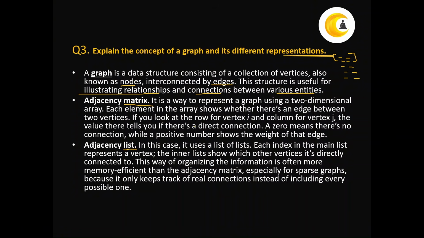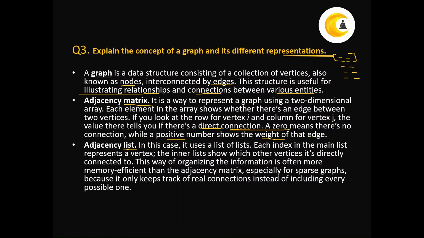Okay, so if you look at the row for vertex i and the column j, the value there tells you if it is a direct connection or not. Okay, that means if it is a 0, there is no connection, while any positive number shows a connection. Why? Because one node can have multiple connections with other nodes, right? In a graph, you don't just have two connections, you have more than two, right? So it shows you the weight of the edge. Weight means how many edges are there and how many nodes it's actually connected to, right?